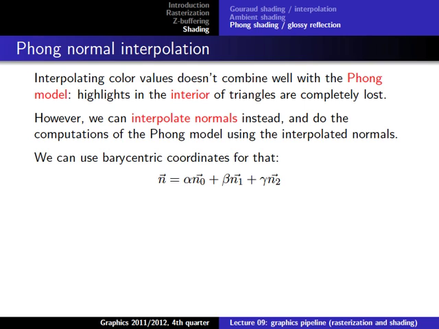Now, the problem is, of course, the combination of the Phong shading with this interpolation that we talked about, that this interpolation does not consider the Phong shading. One approach to deal with this is, instead of doing the interpolation between the colors, we do the interpolation with the normal vectors, like we already said for the corners.